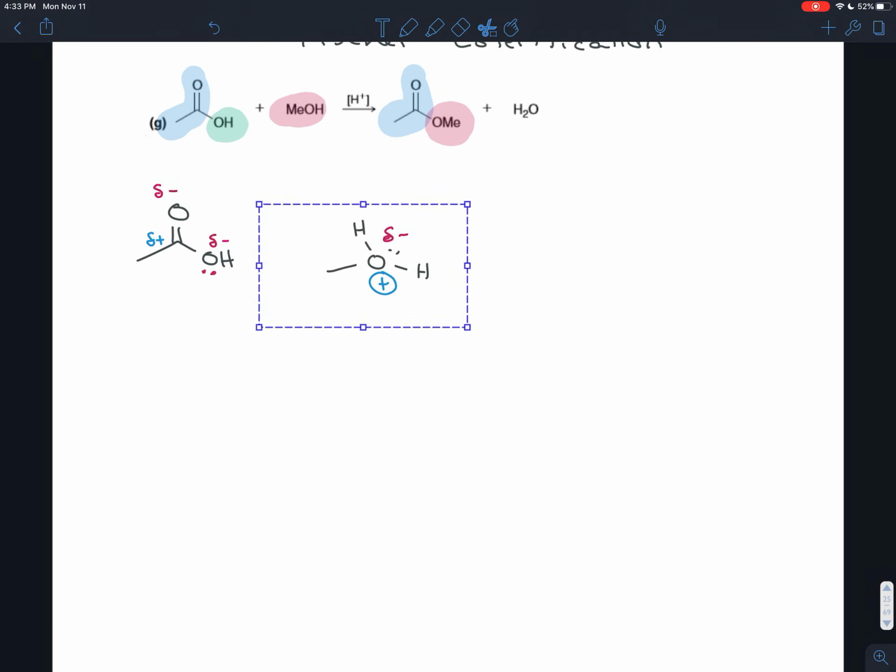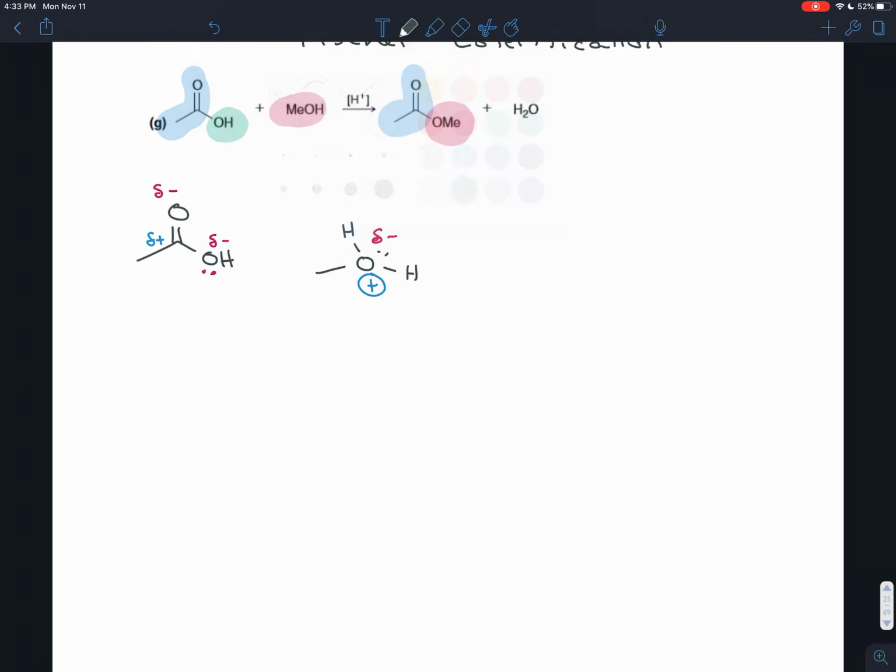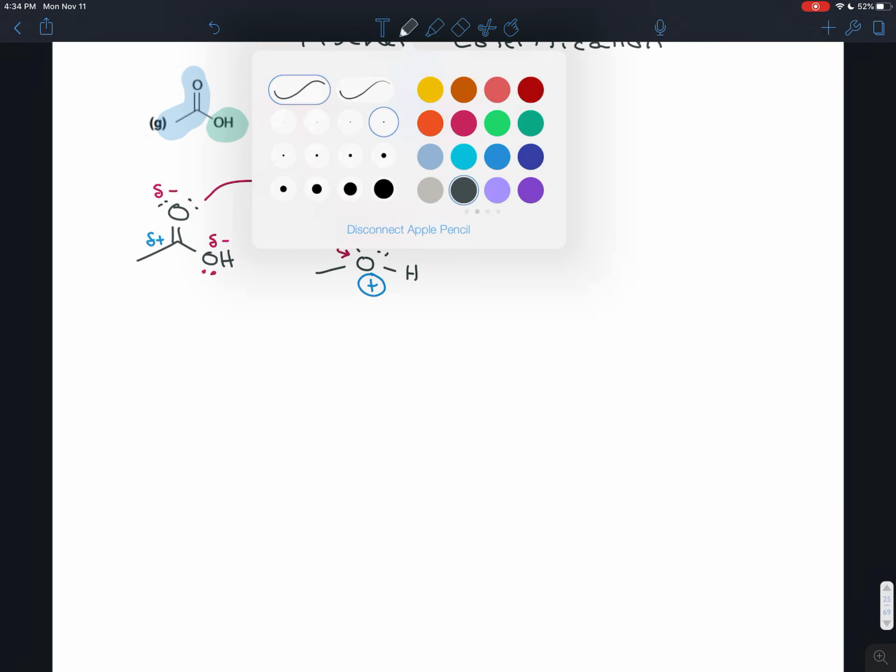Okay, well, a similar thing happens here as happened above. To make this electrophile a better electrophile, the oxygen in the carbonyl, slightly negative oxygen, steals one of the slightly positive hydrogens in this conjugate acid of methanol. The electrons in the bond holding the hydrogen there snap back onto the oxygen to help stabilize the positive charge that's there.